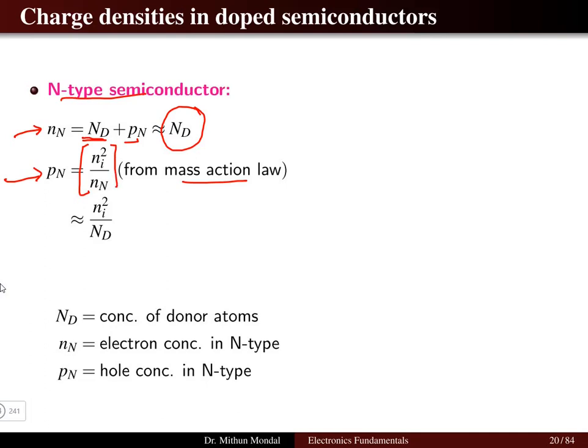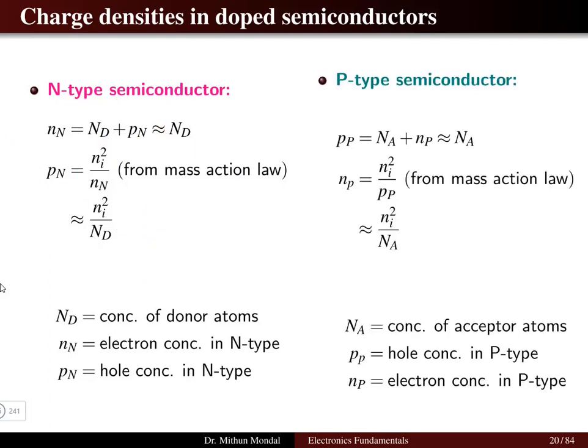So in n-type, the majority is the donor impurity atoms. We can say the number of electrons will be equal to the number of donor impurity atoms, and the number of holes will be equal to the intrinsic concentration squared divided by Nd. These are the numbers of electrons and holes present in the n-type semiconductor.